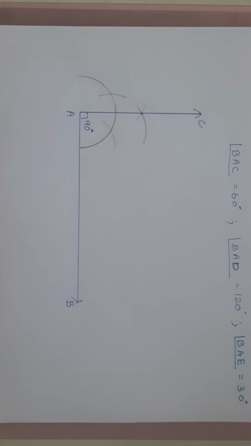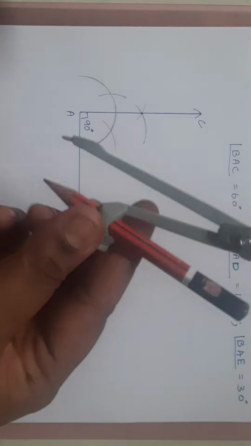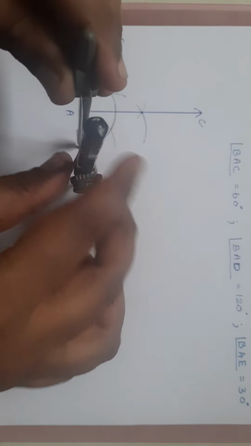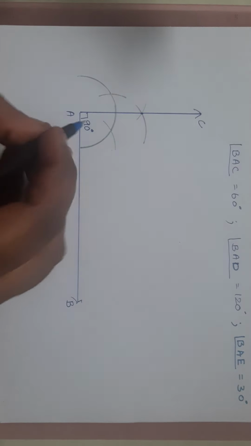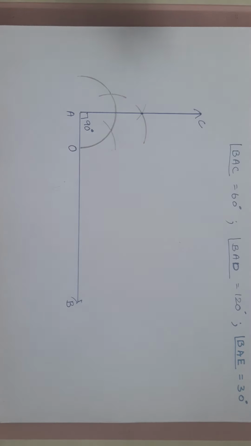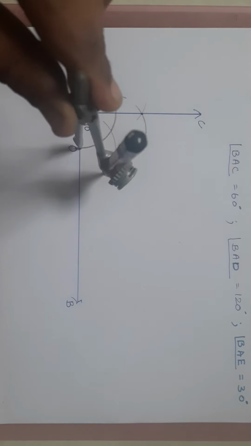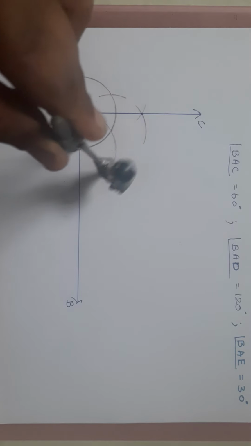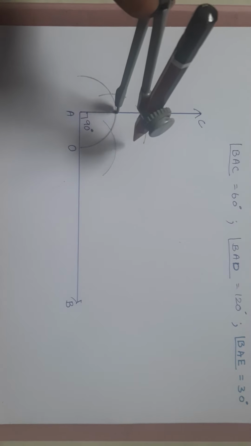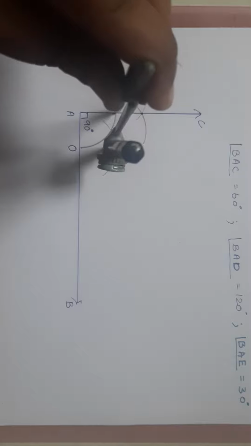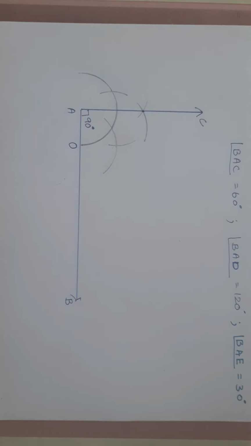45 degree. Take the same compass, keep the compass on this point, O point. Keep it on O, just cut one arc. Okay, and keep it on this point, cut another arc.